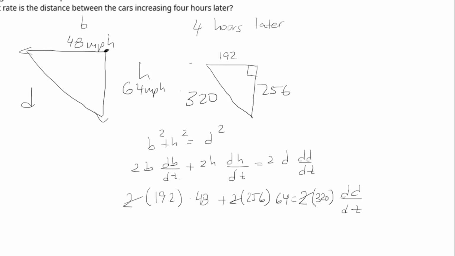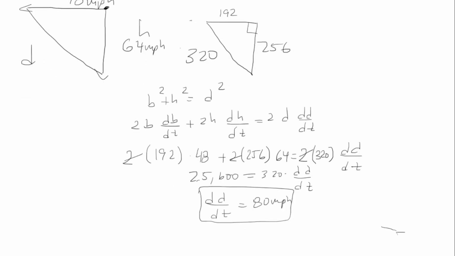We do get 25,600 on the left is equal to 320 times the derivative of d with respect to t. So divide that and get 80. Okay, so the derivative is 80. So this is 80 miles per hour. So the distance is increasing at 80 miles per hour. Okay, so that is our final answer.